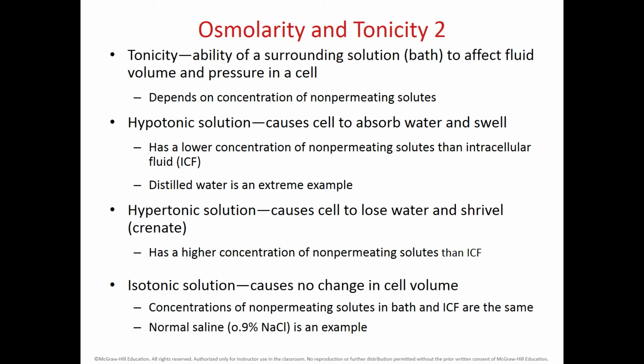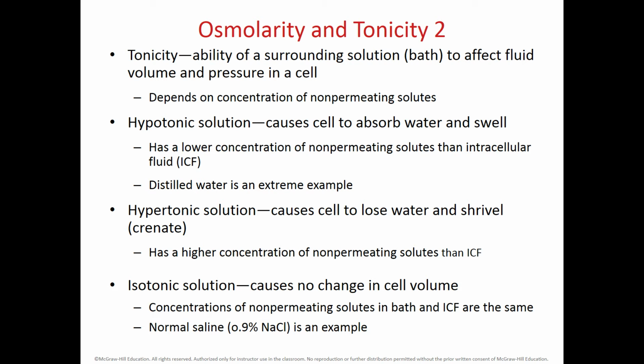You can have a hypotonic solution, which will cause the cells to absorb water and swell because you have a low concentration of solutes with regard to the solvent found within the solution. And if you put this hypotonic solution in the body of the person, it will make the cells absorb water and eventually burst.